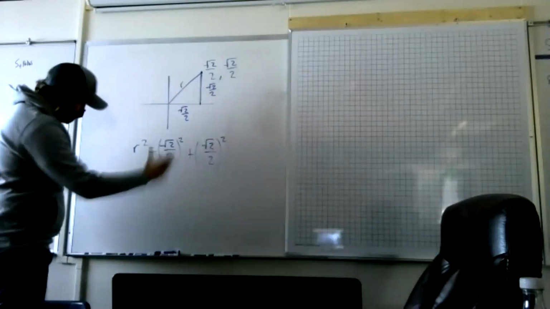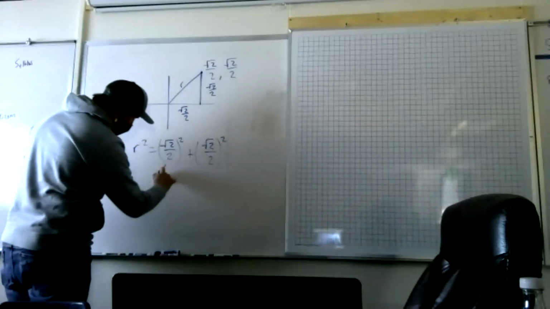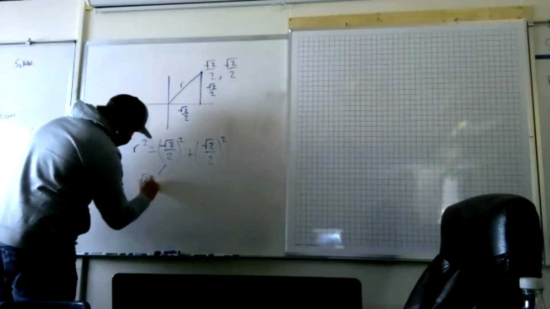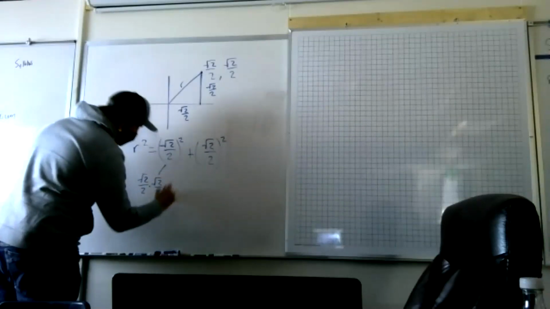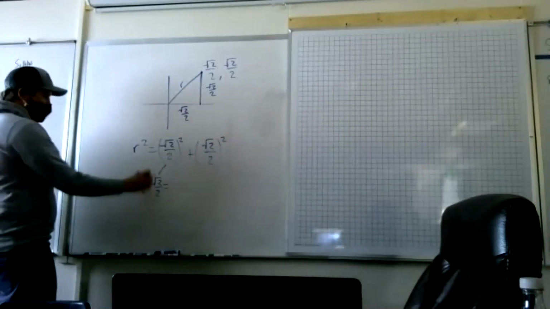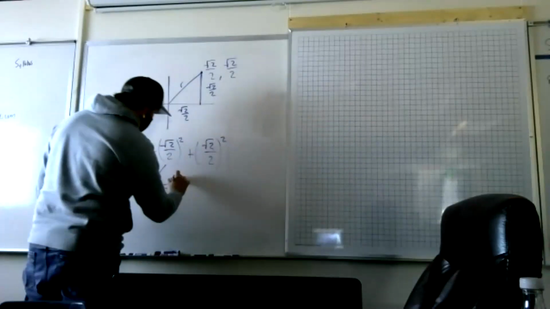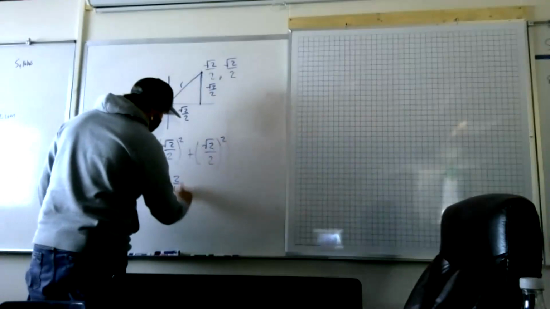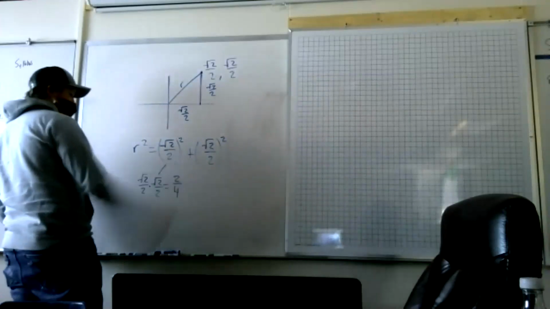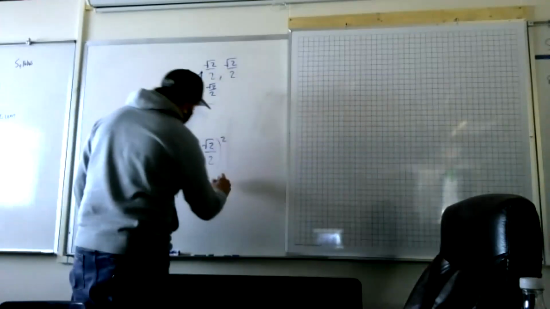Okay, if I break these down, this one here, square root of 2 over 2 times square root of 2 over 2, then multiply straight across. Square root of 2 times the square root of 2 gives me 2. 2 times 2 gives me 4. That simplifies down to 1/2. Same thing here.